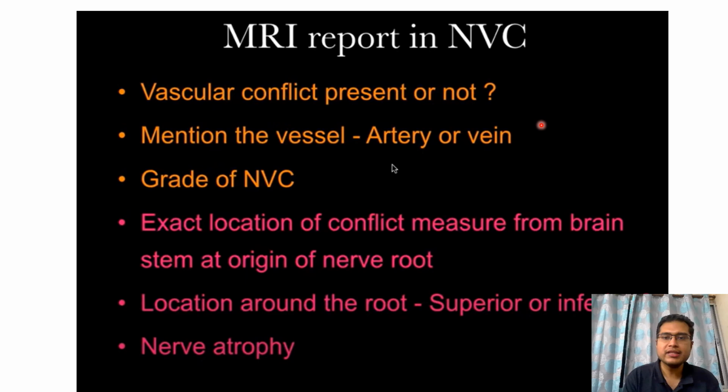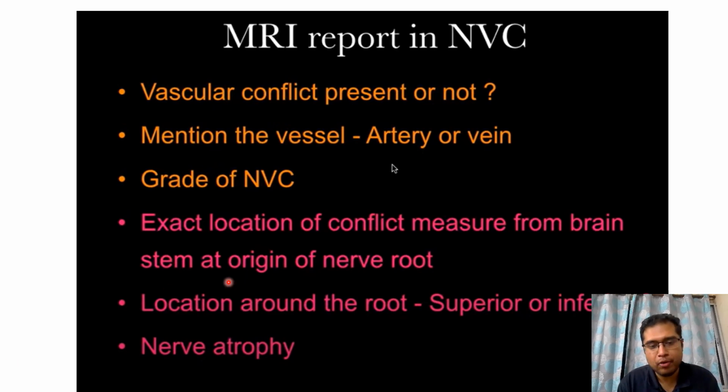In a case of neurovascular conflict, first determine whether a vascular conflict is present or not. Then mention the vessel, whether the artery or the vein is causing the conflict. Then grade the neurovascular conflict accordingly, whether it is in contact or indenting. Then the exact location of the conflict should be measured from the brainstem at the origin of the nerve root, and the location around the root, that is, whether it is superior or inferior to the root, and whether there is distal nerve atrophy.